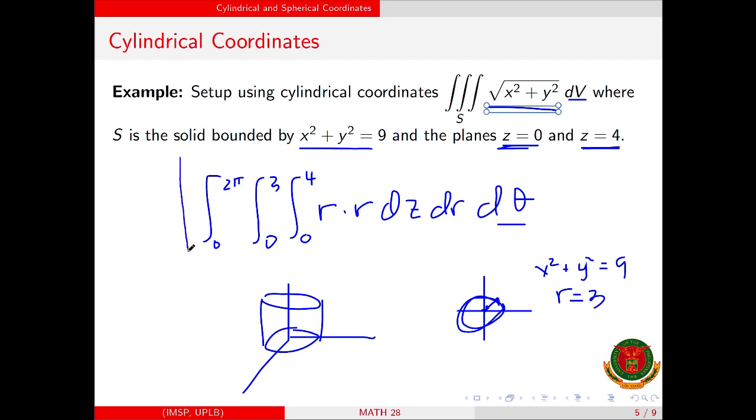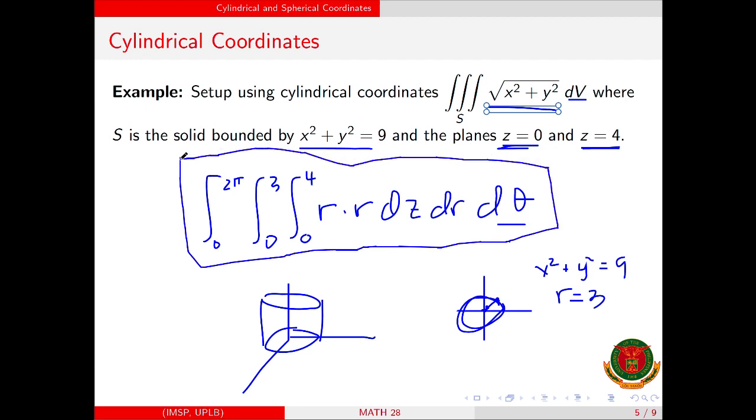Hence, this iterated triple integral in Cartesian coordinates is equivalent to this integral in cylindrical coordinates. Therefore, this is the triple integral in cylindrical coordinates that we are looking for.